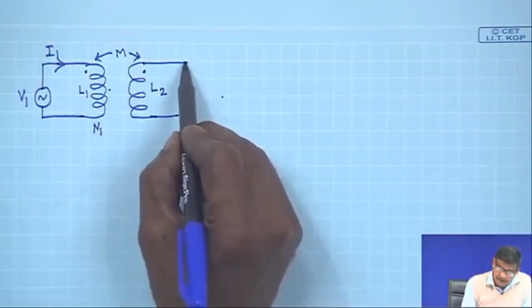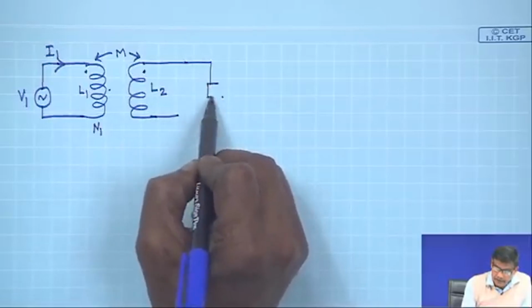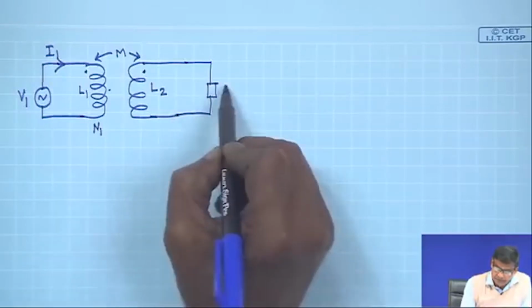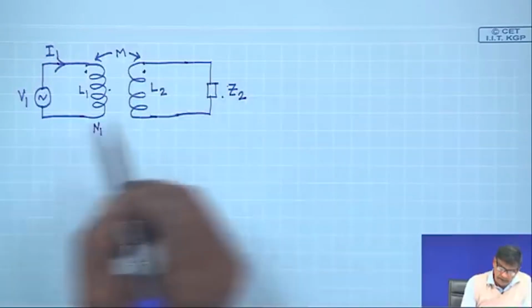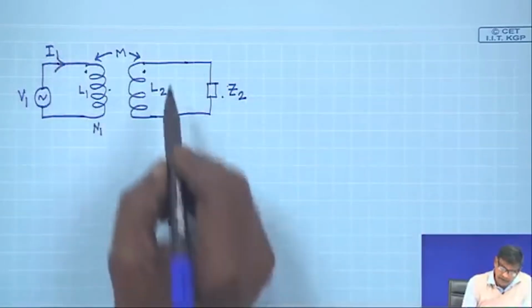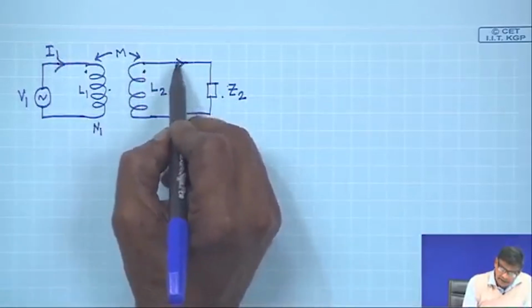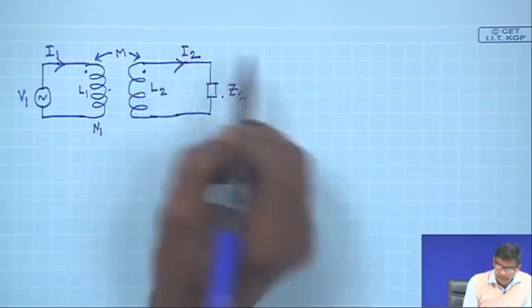On the secondary side we will connect some impedance Z2. These are all complex numbers Z2, V1, I1, and this current is, suppose, I2.